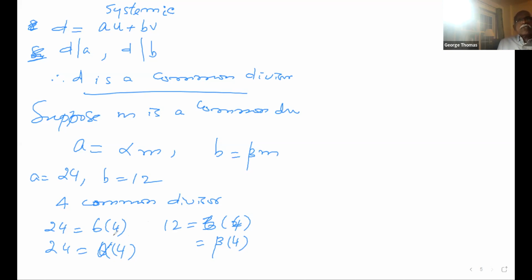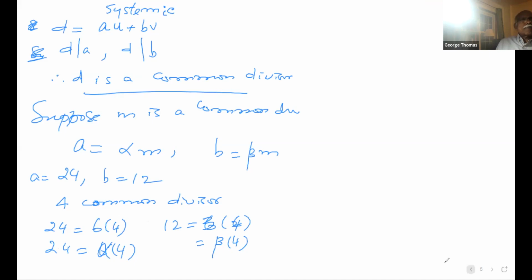If 4 divides 24, 24 is something times 4. So we just did this, and that is why I wrote it this way. Let me erase all this junk here.